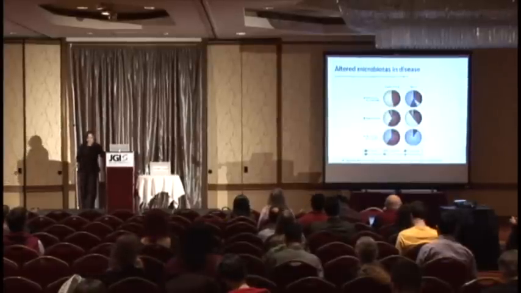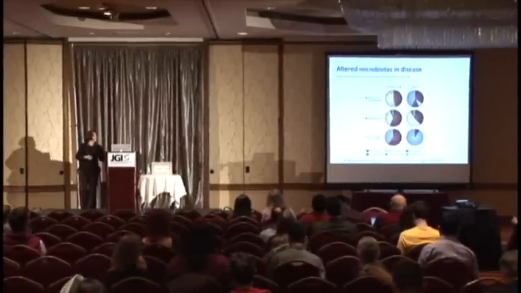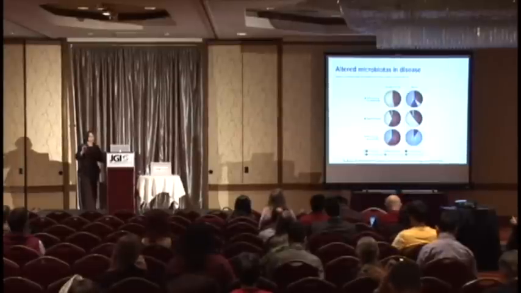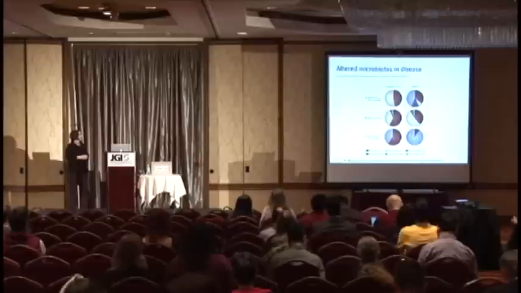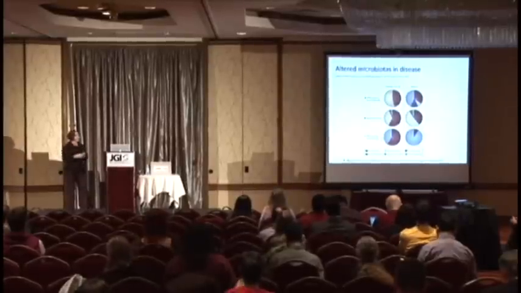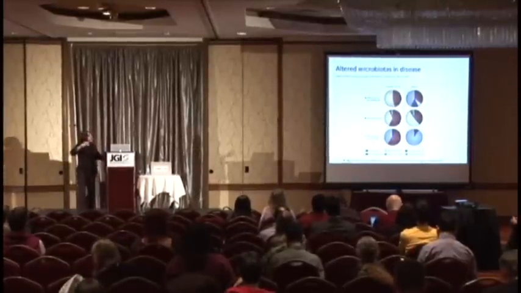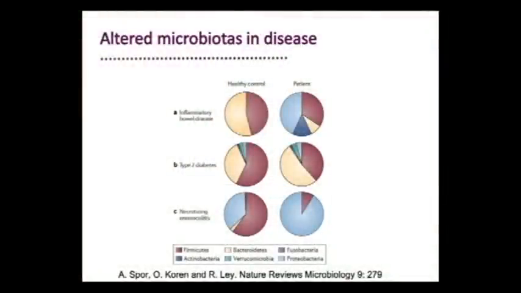And there's a growing body of work showing that an alteration in the community composition can be associated with different disease states. So for an increasing number of diseases, there's what we call a dysbiosis, or an alteration of the lineage content of the microbiota.